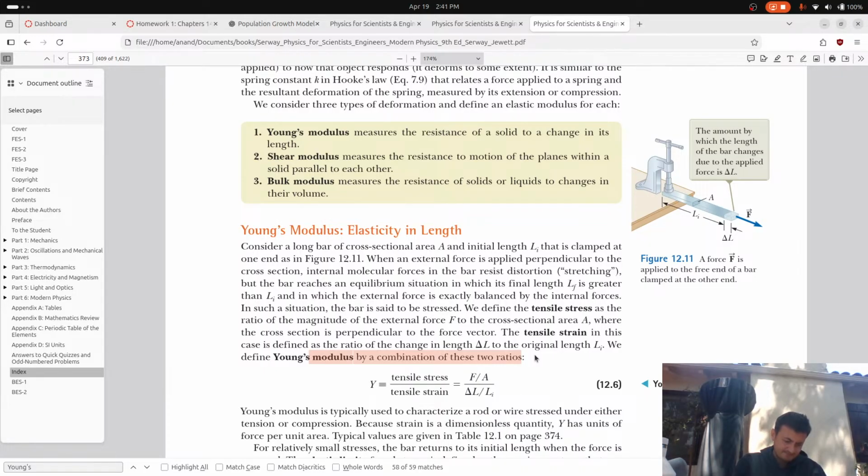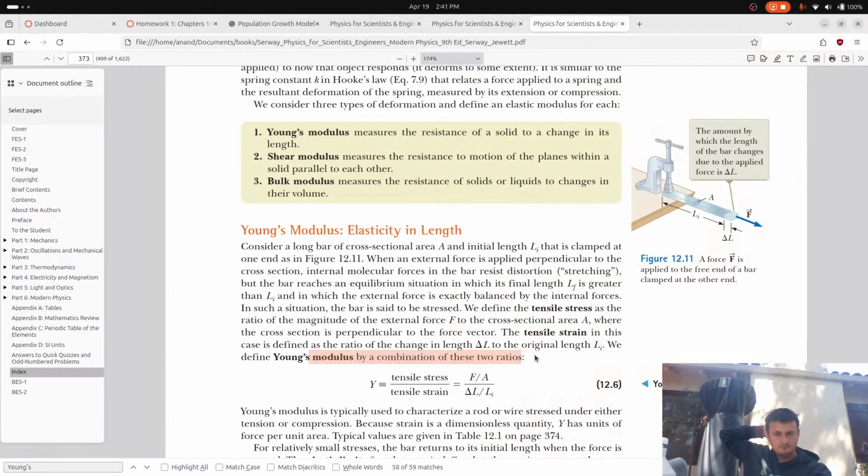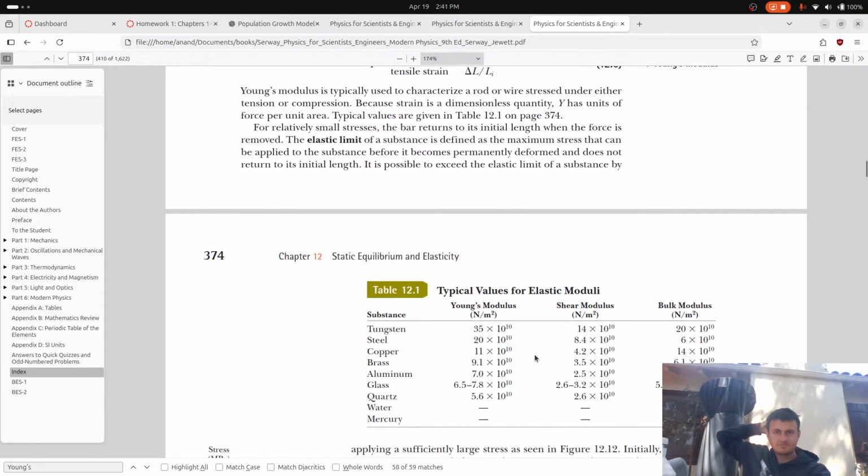stress over the tensile strain, which is equal to the force over the area divided by the delta L over L. Okay, that's pretty interesting.